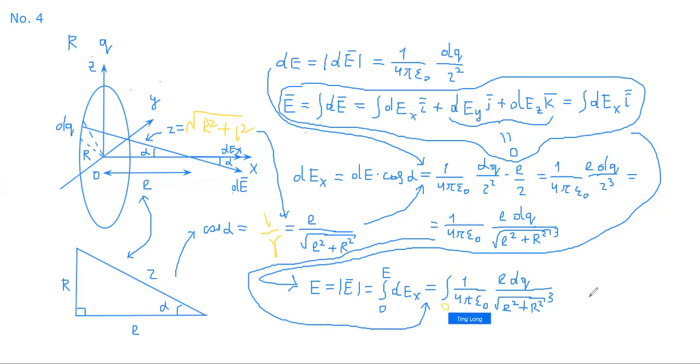Yes, from 0, and the upper limit will be the whole charge of the ring. Yes, okay, this is correct. This is correct because in differential we have charge, so in integral limits we should also have charge.